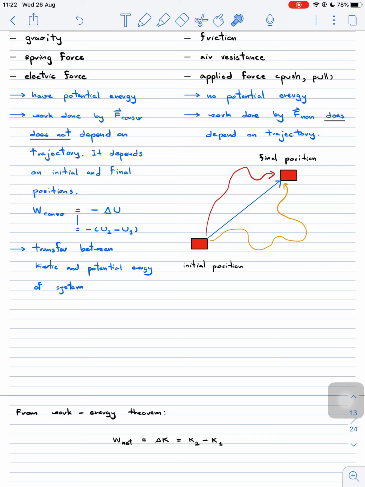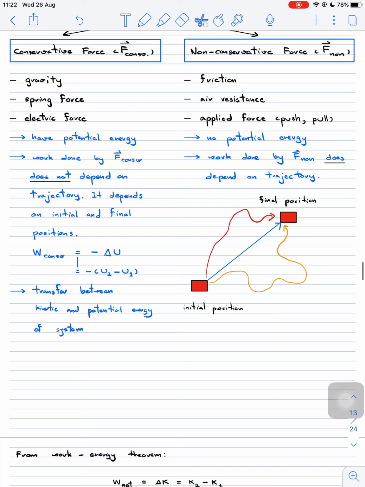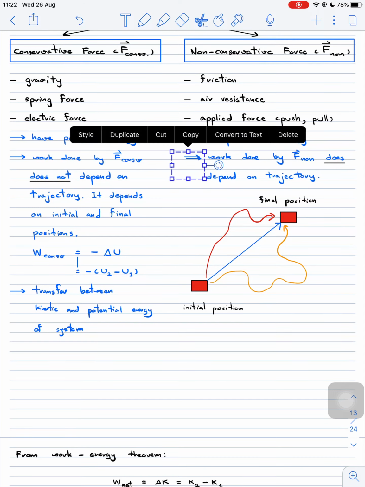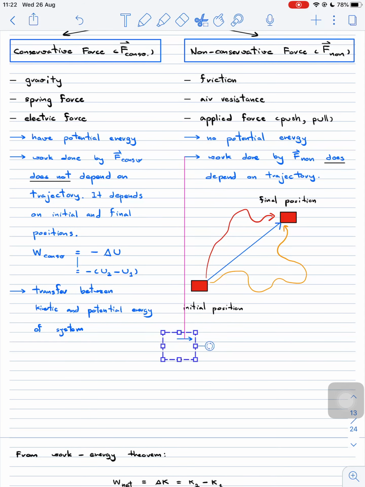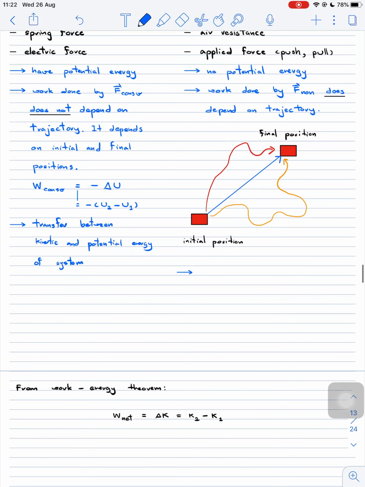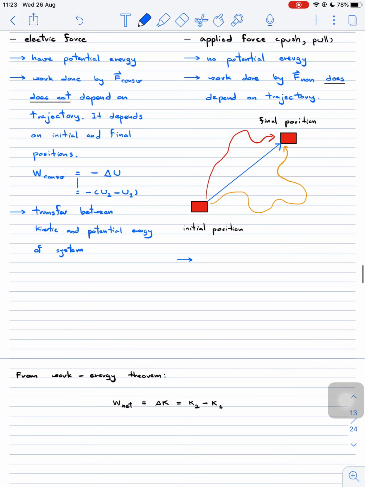But now for the non-conservative force, as I just mentioned before, we can see that there is energy loss via, for example, heat, sound, light, and so on.